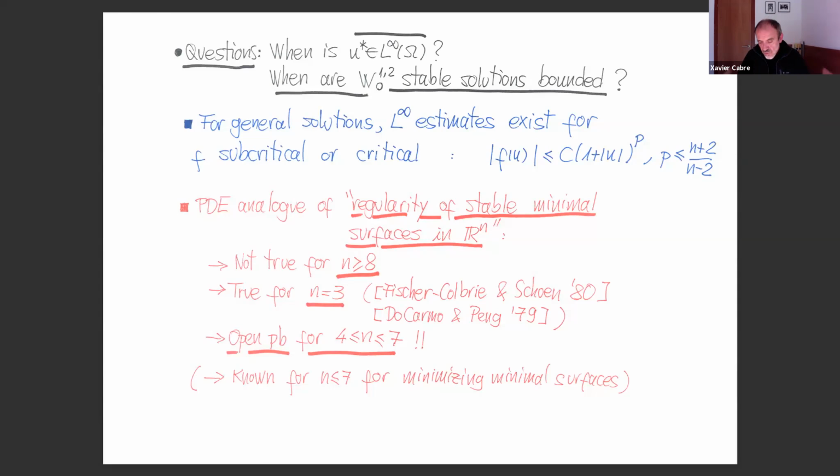So you don't have absolute minimizers, but the stable solutions appear in nature. For instance, as I told you, in this combustion problem, all right? Stable minimal surfaces, we also see them in nature. Stable and not absolute, we see them in nature.